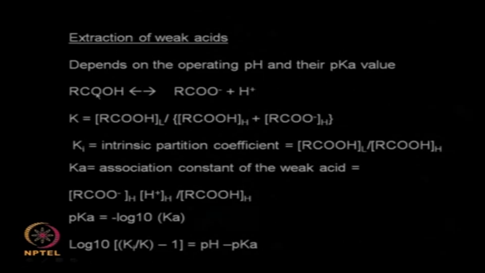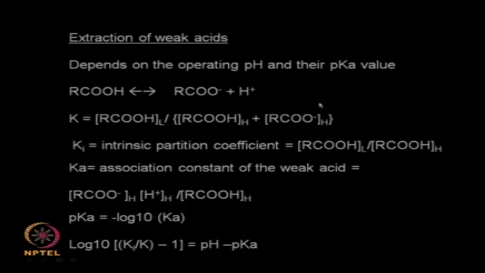The overall K is given by RCOOH in the light phase, the solvent phase, and RCOOH in the heavy phase, but the point in the heavy or aqueous phase is the acid is present in this form as well as in the RCOO minus form.